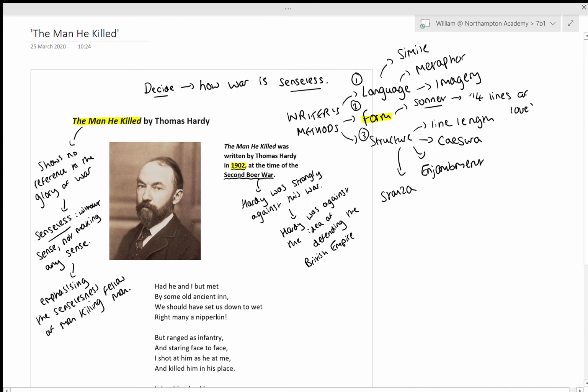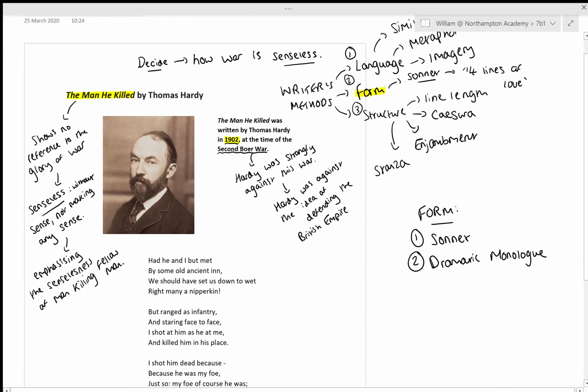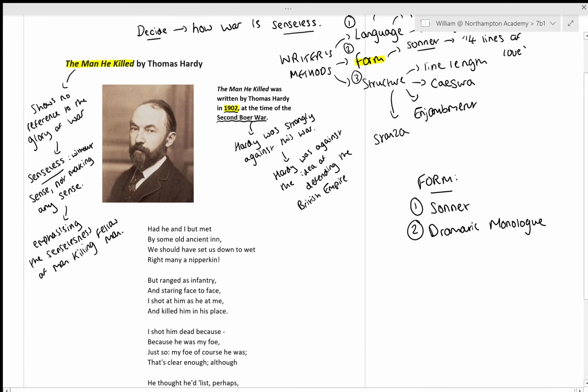So there are different types of form. We can have the sonnet, which is The Soldier, Rupert Brooke's poem, and we can also have a dramatic monologue. This poem is written in the form of a dramatic monologue. So you can write that onto the poem.